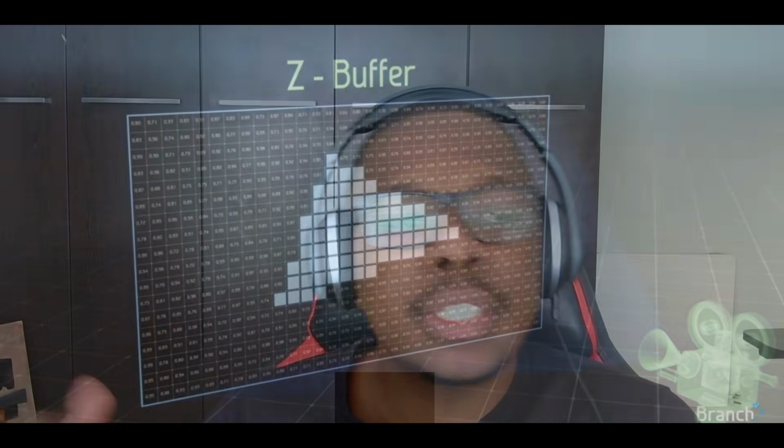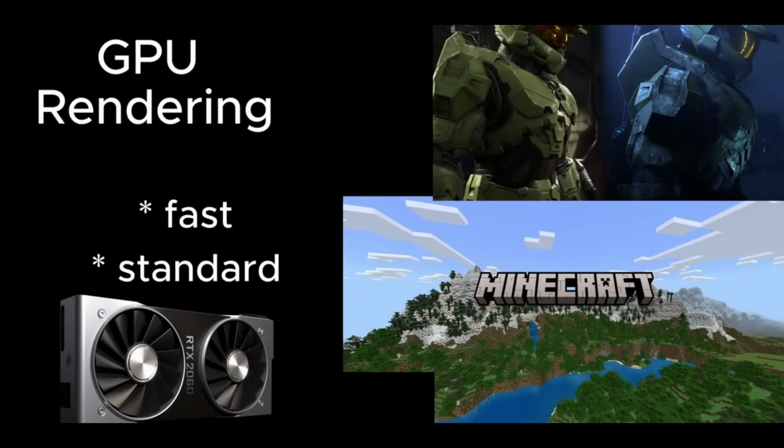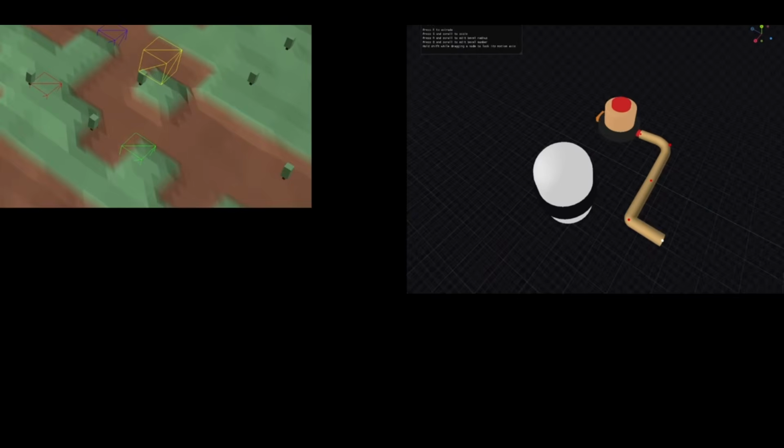Taking it a step further from how the graphics pipeline works is diving into graphics programming, right? I linked a resource down below, Introduction to Graphics Programming. Now, this is important. You don't necessarily need to be a graphics programmer, right?